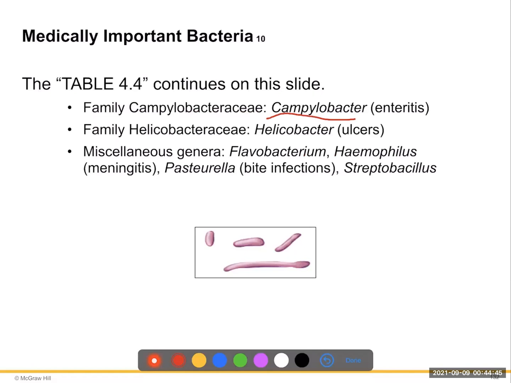Campylobacter causes enteritis, infections in the intestines. Helicobacter causes ulcers in the intestines. Pasteurella causes bite infections. All different types of genera there.